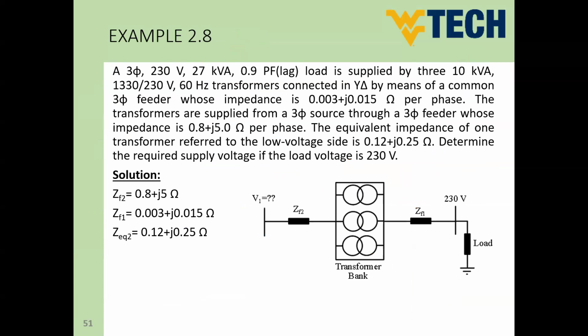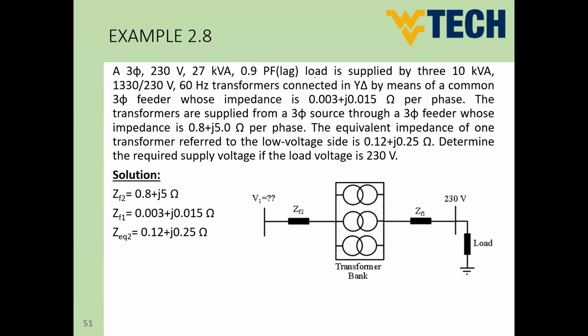So this question says a three-phase 230 volt, 27 kVA, 0.9 power factor lagging load. So this is a three-phase load. Okay, so these specifications are for a load.